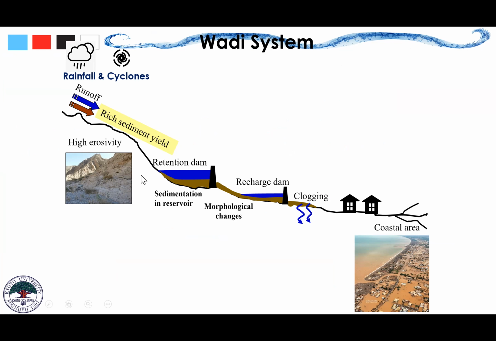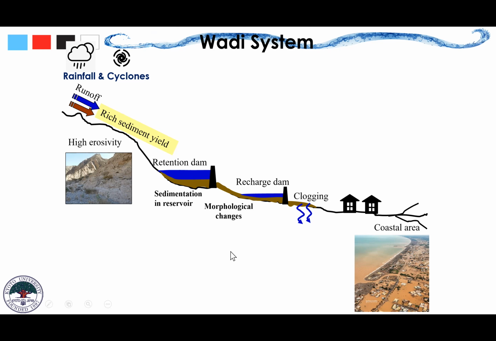So in the Wadi also, we have high runoff and high sediment coming, and dams are constructed either for retention or for recharging this water to the underground, because they would like to use this water later as groundwater recharge for agriculture.